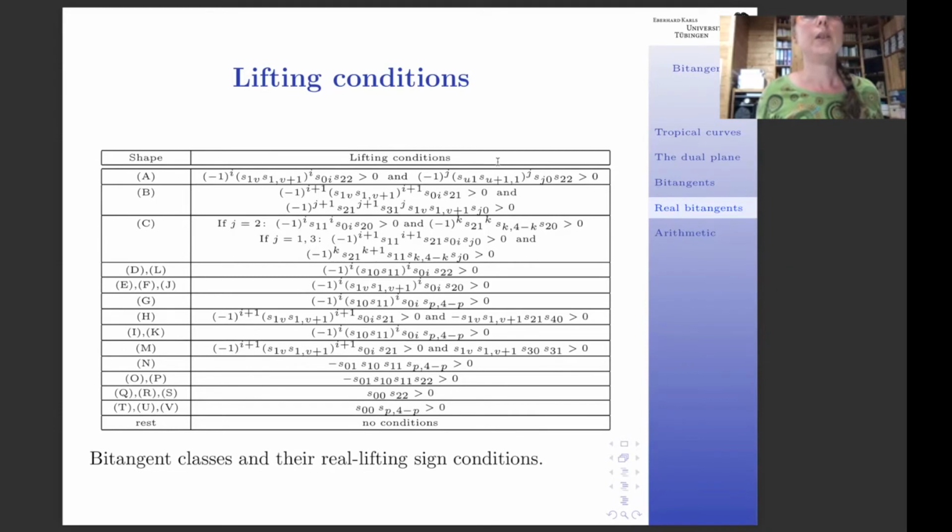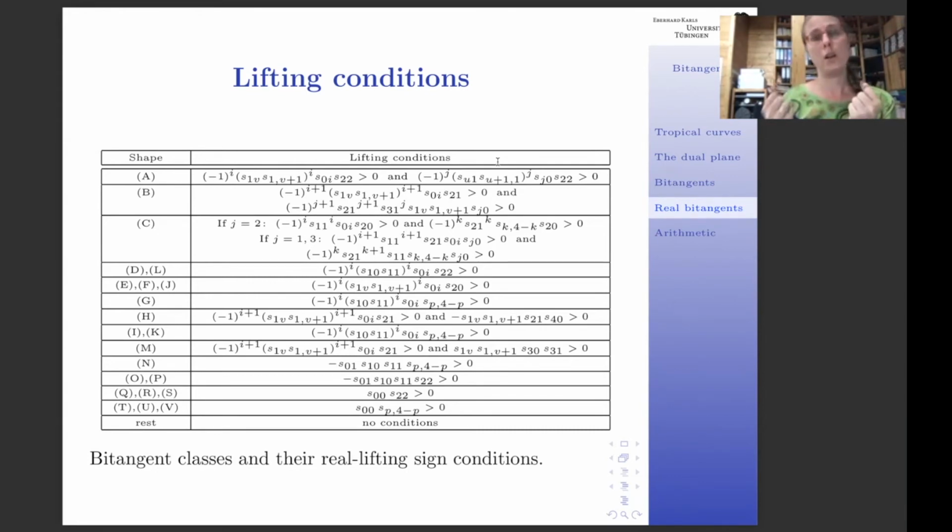We're giving lifting conditions. That means we're telling you inequalities that have to be satisfied in order for a certain tropical bitangent class to have 4 lifts over the real numbers. Because we learned from the theorem before that each tropical bitangent class over the reals either has 4 real solutions or no real solutions.